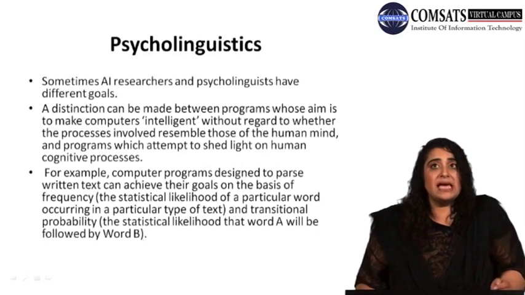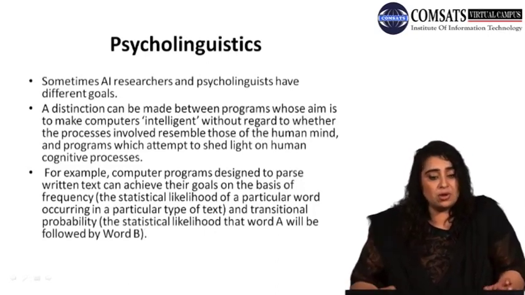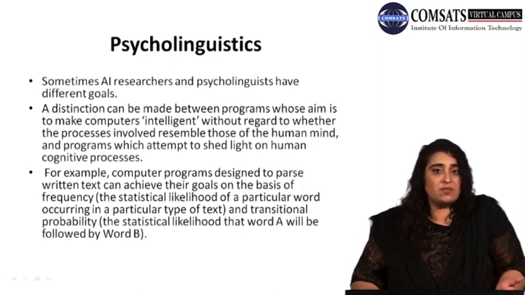Sometimes AI researchers and psycholinguists have different goals. A distinction can be made between programs whose aim is to make computers intelligent, without regard to whether the processes involved resemble those of the human mind, and programs which attempt to shed light on human cognitive processes.